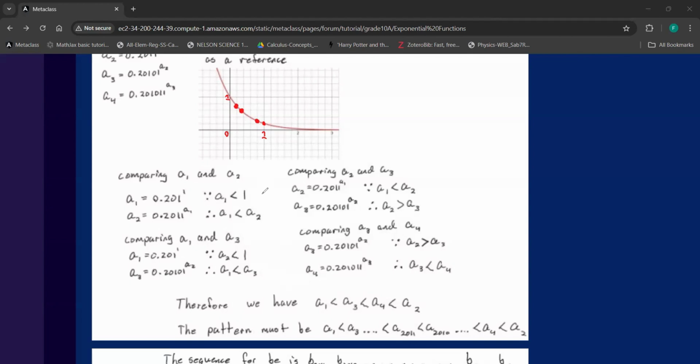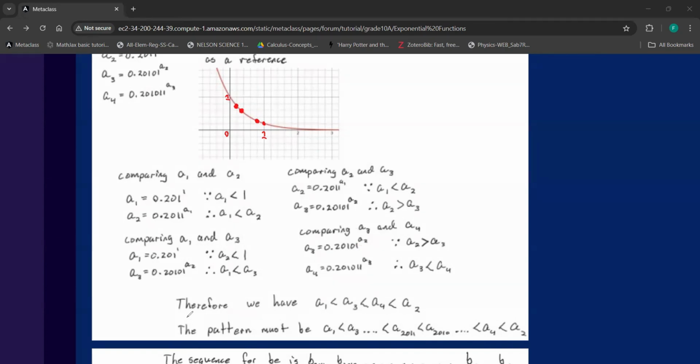And we know that A4 must be smaller than A2, because A2 is greater than A3, meaning that A2 must be a larger number than A4, because A4 is equal to 0.2 to the power of A3. And so we know that this must be a pattern.